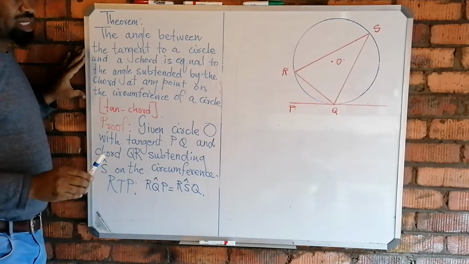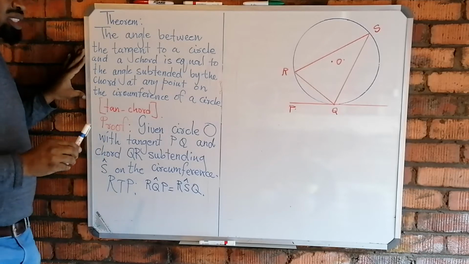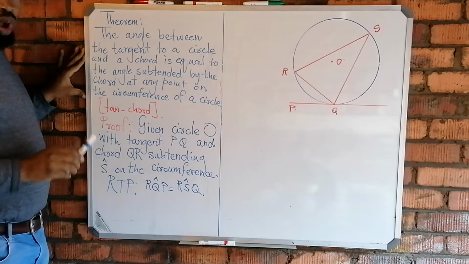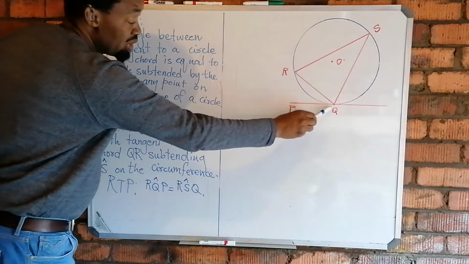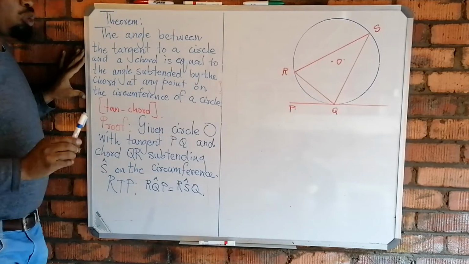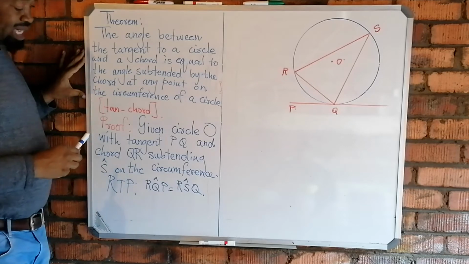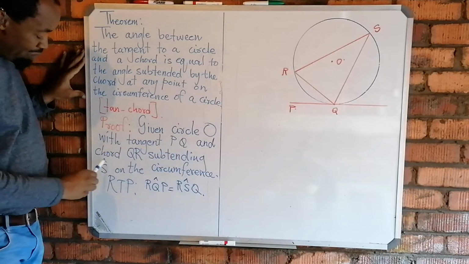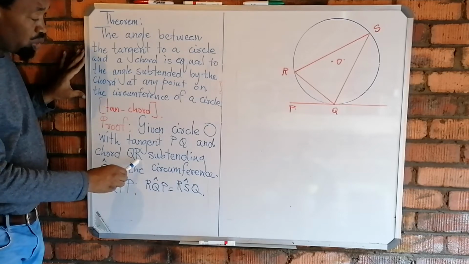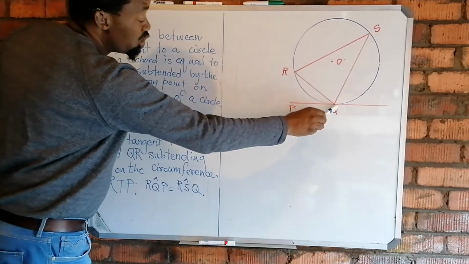Remember, the tangent to a circle is the line that touches the circle in two arbitrarily close points, which would look like one point to our naked eye. Then, from that, we are given chord QR.